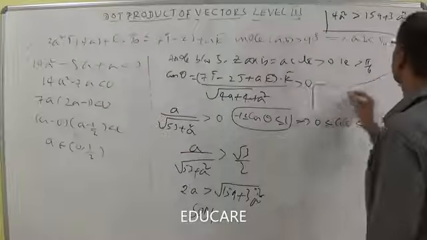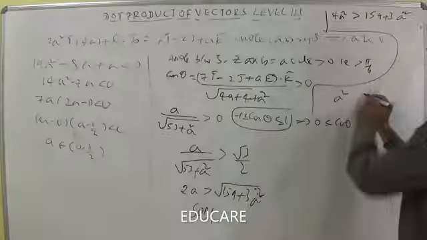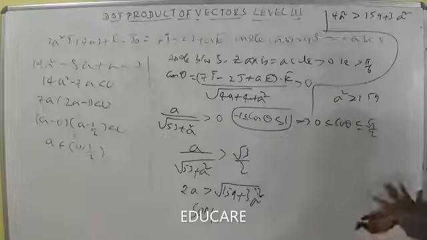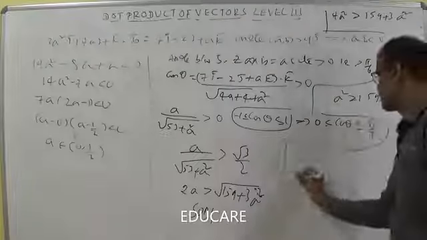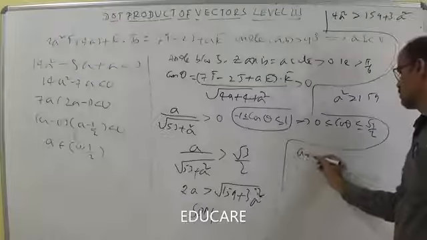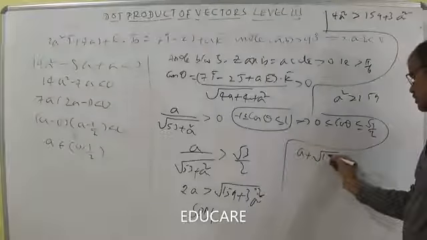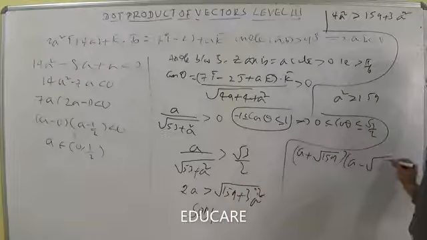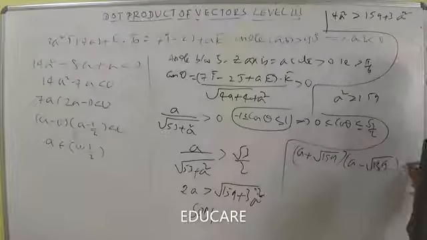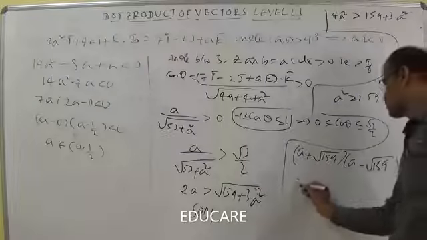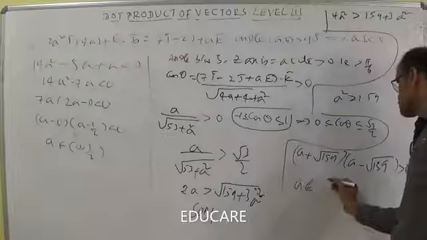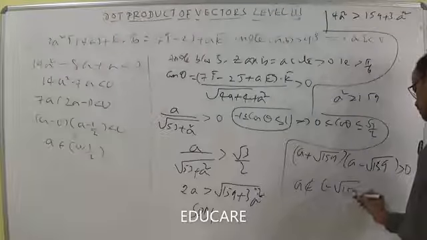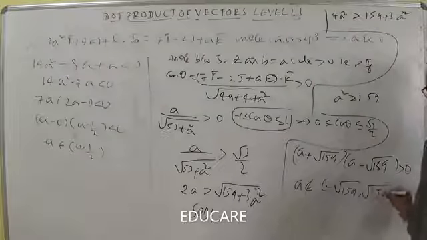You can write it as a plus root 159 into a minus root 159 greater than 0. That means a does not belong to minus root 159 comma root 159.